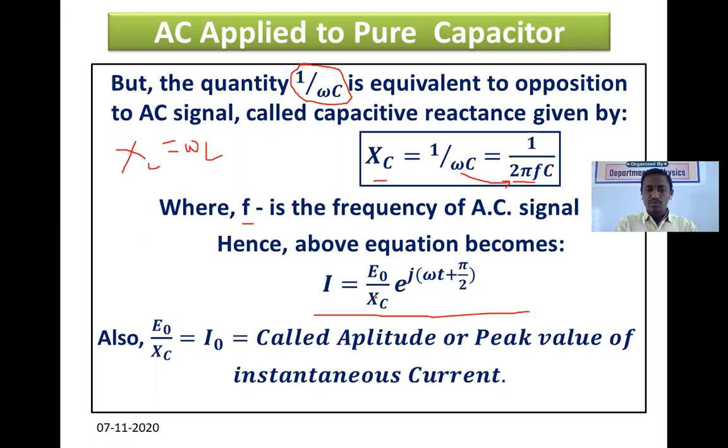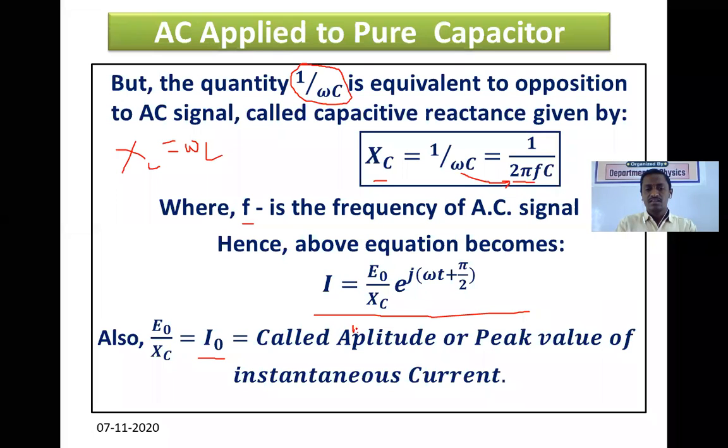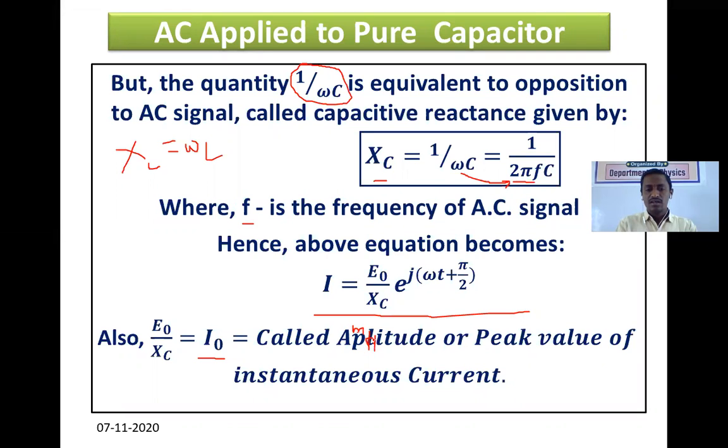So the ratio of voltage to resistance is called current, denoted by I0, called the amplitude or peak value of instantaneous current.